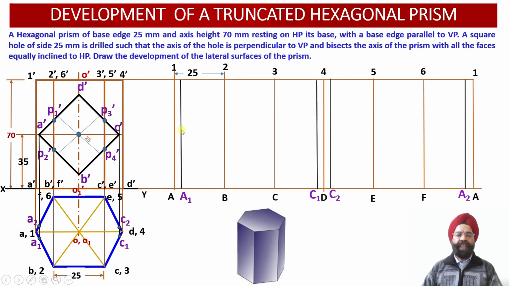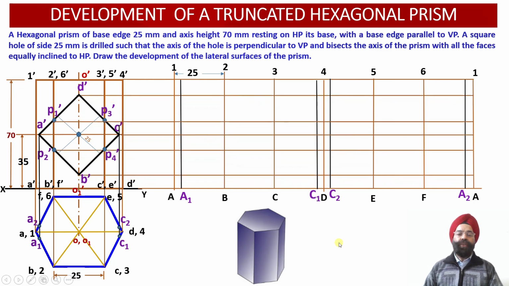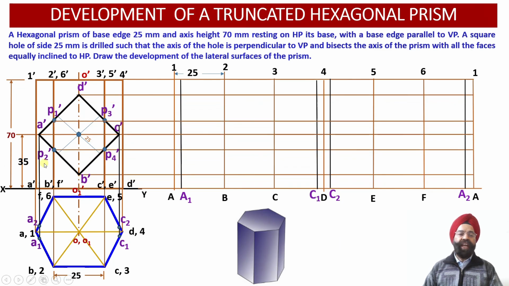Corresponding to the front surface, A will be located here. Corresponding to the rear surface, A will be located over here. This way, we have been able to locate different positions corresponding to the artificial generators which we have obtained, corresponding to points A and C, into the front face and into the rear face of the solid.